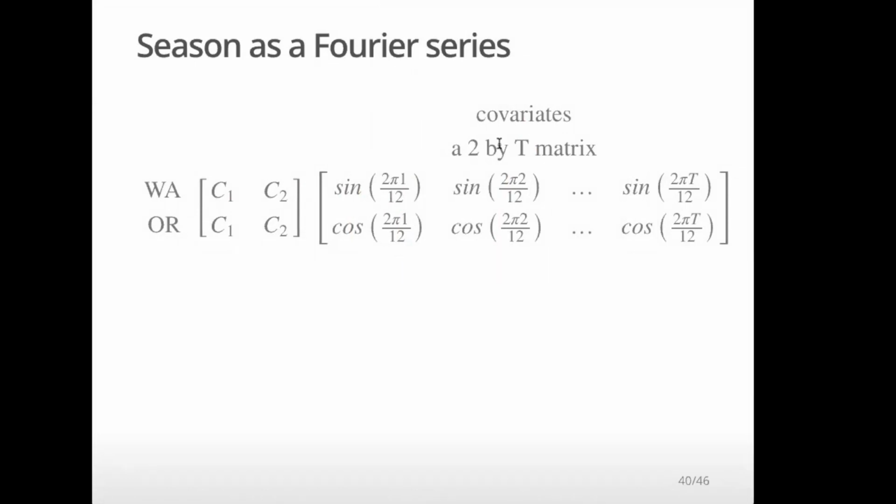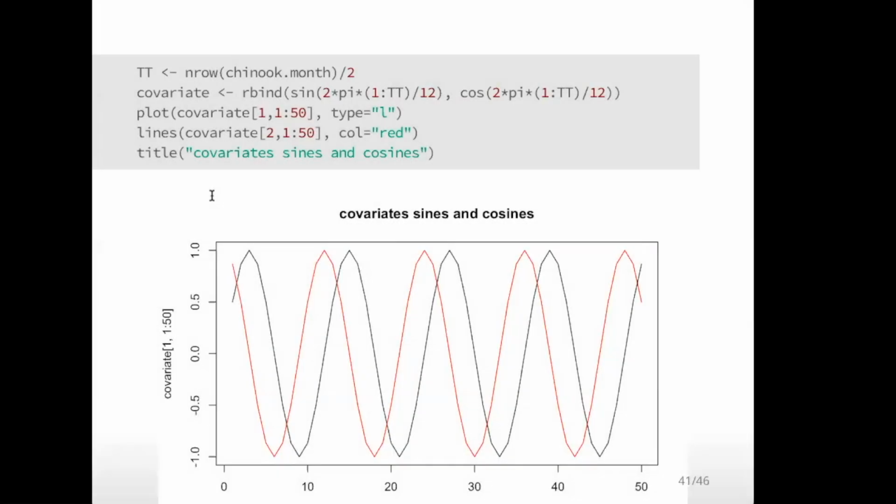So each one of these is your first time step, second time step, and you just have these sines and cosines. And now, oh, fantastic. I'm just estimating at most 4 parameters for my Washington and my Oregon. That's much better. Creating that covariate is quite simple.